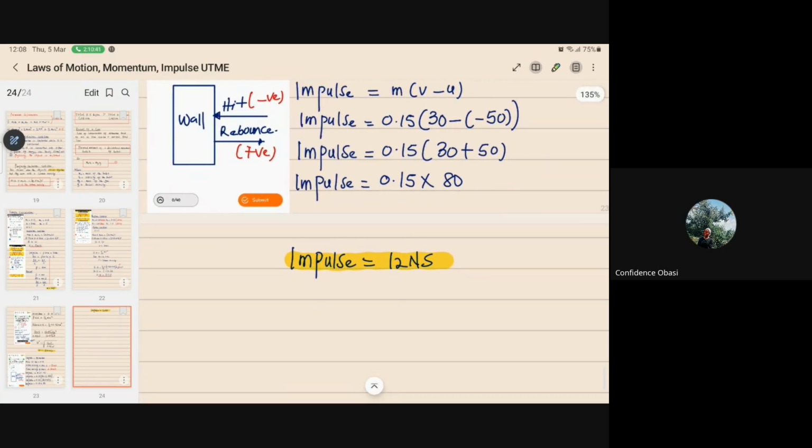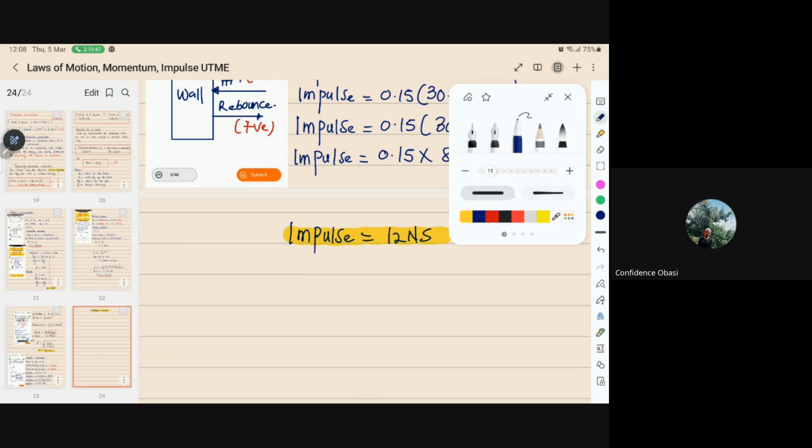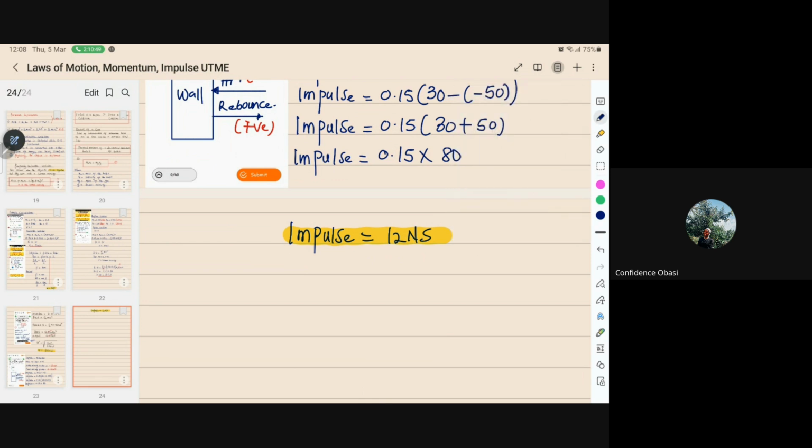Let's assume somebody wants to do it the other way around. Someone might ask, what if the block is like this, and the wall is facing this direction? Anyone you want to use is entirely fine. So you draw your own wall on the right-hand side. It hits it here.